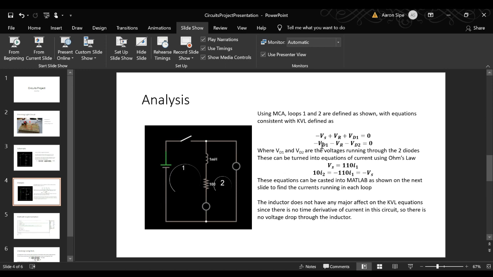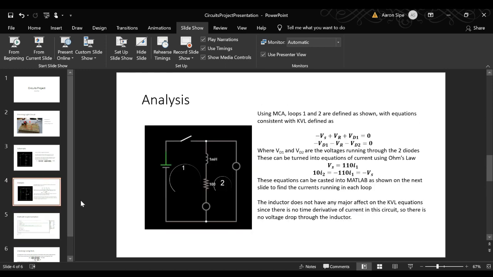Simplifying those and using Ohm's law, you can find that the source voltage will equal 110 times the first current, the current in the first loop. And for the second loop, it'll be 10 times I2 will equal negative of the voltage source.